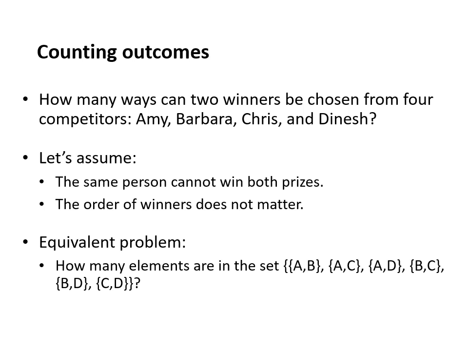So this is then equivalent to the problem of determining how many elements are in this set here. And so the elements of this set denote different configurations of winners if we assume that the same person cannot win both prizes and that the order of winners does not matter.